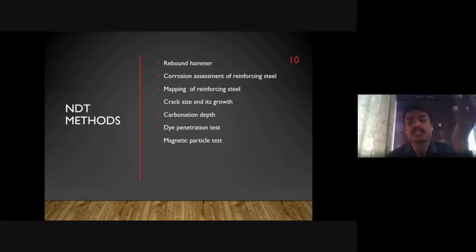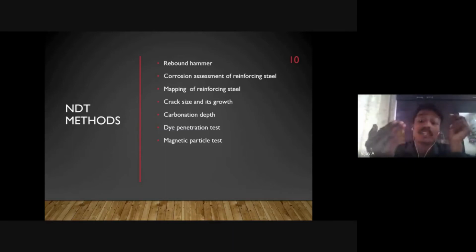Once the structure is finished constructing, you are not going to take samples or core cuttings. You're not going to cut a concrete specimen and take it for testing, because that is time consuming, requires more skilled labor, and requires more money to invest. So the first point is savings.